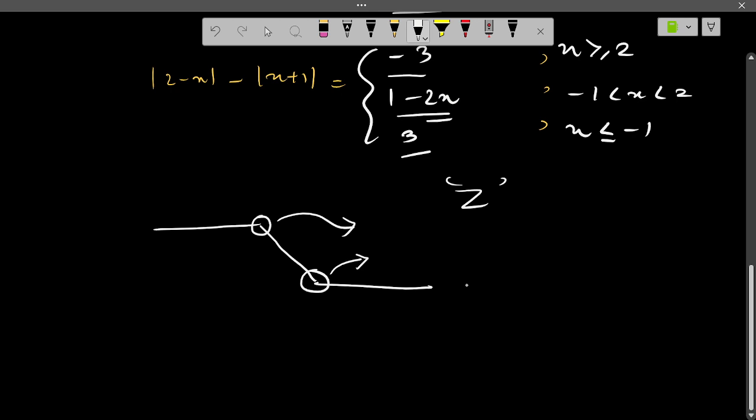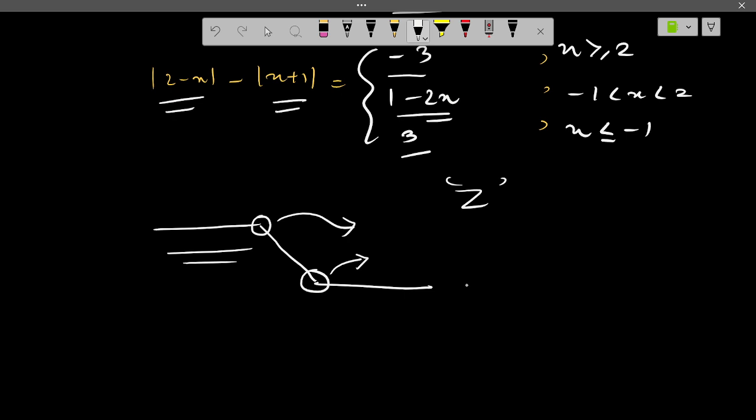Now you will talk about continuity. Is it continuous? Yes, it is continuous because it is an absolutely continuous function. The reason is there is no gap in the function. Everywhere the function is smooth, no gap. Another way we can say why it is continuous: modulus is a continuous function, this is also a continuous function, and addition or subtraction of two continuous functions is always a continuous function.